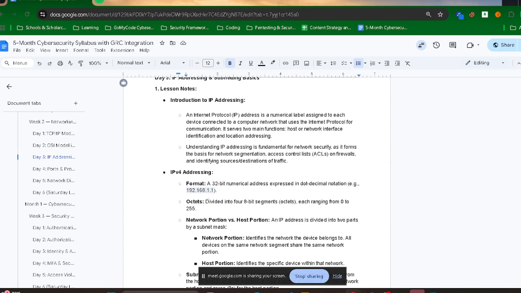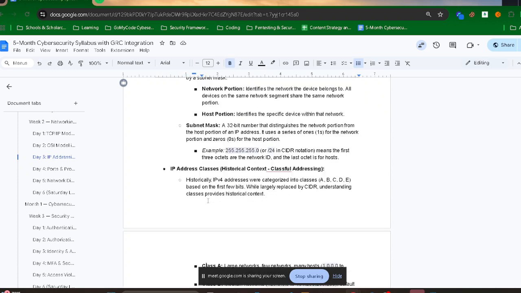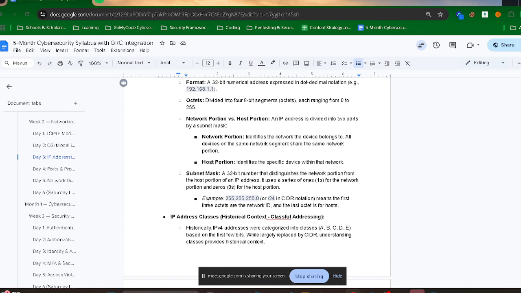So that's what these 255.255.255 are, if you express them in their ones. That's what we mean by the ones of the network portion. It uses a series of ones for the network portion and zeros for the host portion.